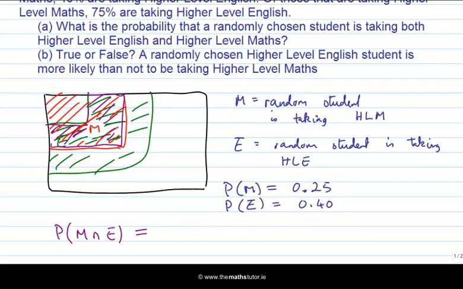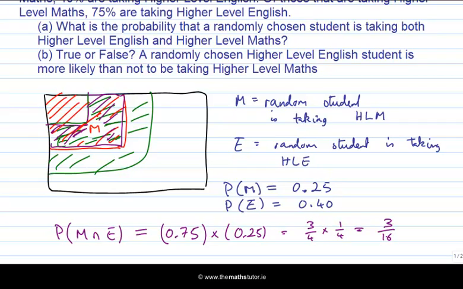We know that as a proportion of the red area, that's 0.75. And the red area is 1/4 of the total. So really this is going to be 0.75 times 0.25. It's going to be 3/4 of 1/4. And what's that? Well, let's write it as fractions. That's going to be 3/16.